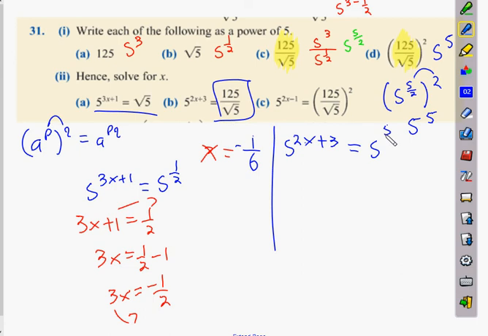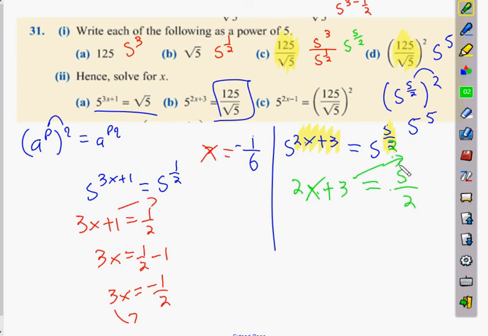And what's the same this time? This part here and that part there. So what do we get? Anybody? 5 to the power of 2x plus 3 equals 5 over 2. Once again, just bring over the 3.